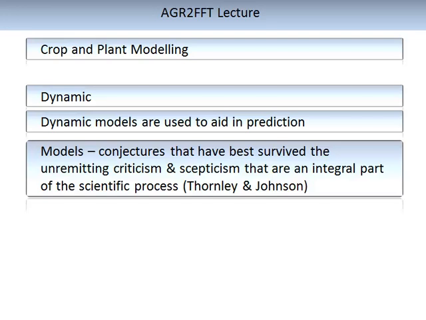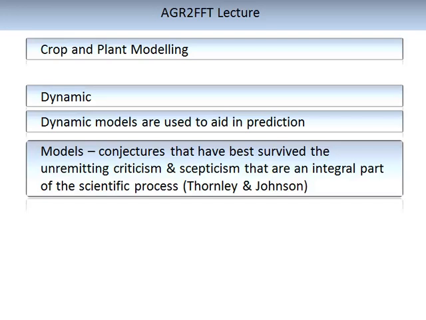When you are crop and plant modelling, or indeed if you intend to model animals, there are two different types of models that you may engage. You may engage either a static or a dynamic model. If you want to model crops, a dynamic model is best suited.